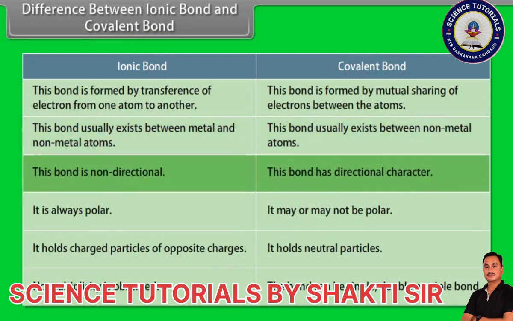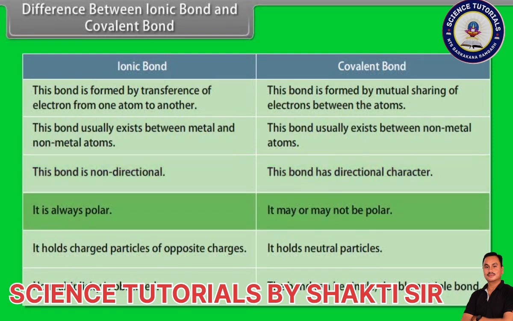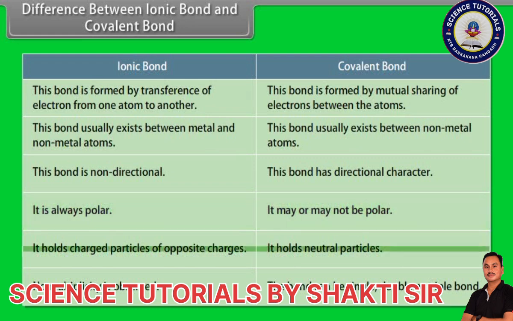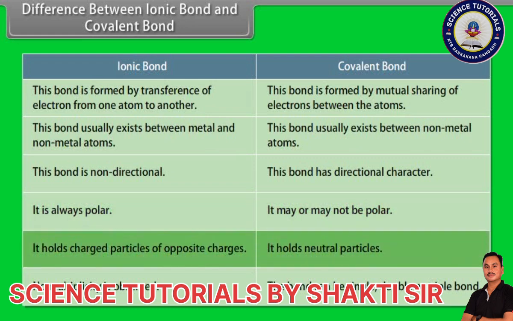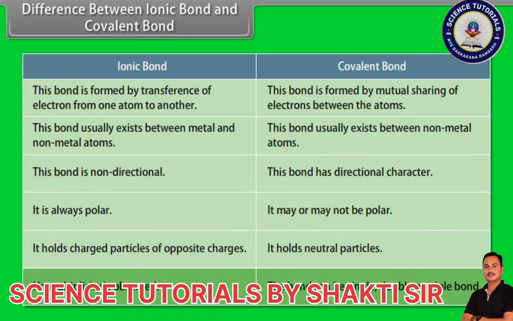An ionic bond is non-directional, whereas a covalent bond has directional character. An ionic bond is always polar, whereas a covalent bond may or may not be polar. An ionic bond holds charged particles of opposite charges, whereas a covalent bond holds neutral particles. No multiplicity is observed in an ionic bond, whereas a covalent bond can be single, double or triple.